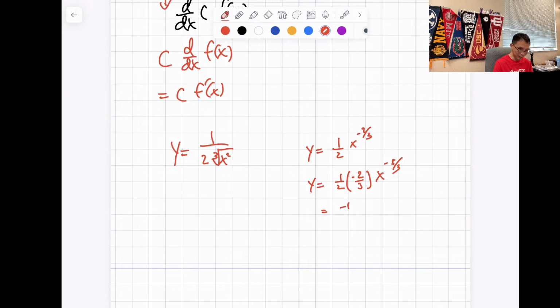So that's going to be negative 1 third x to the negative 5 thirds. Is that okay? And negative 1 over 3. You can do x to the 5 over 3, which is also negative 1 over 3 times the cube root of x squared times x. I mean, that's probably the best answer here.